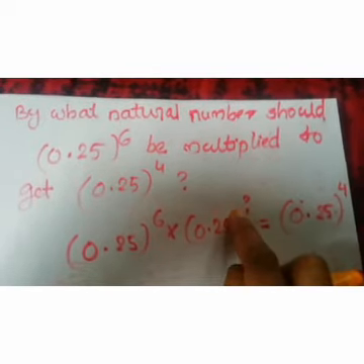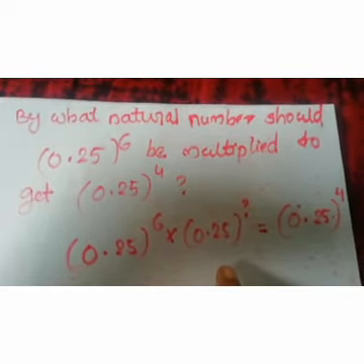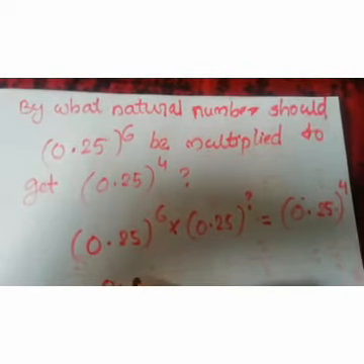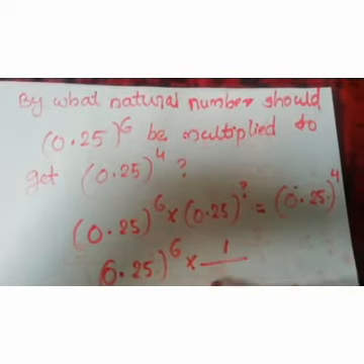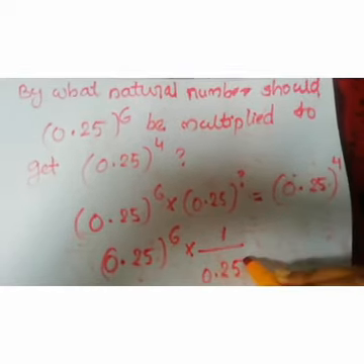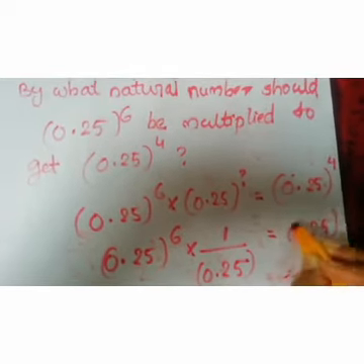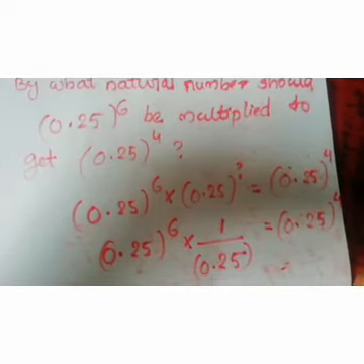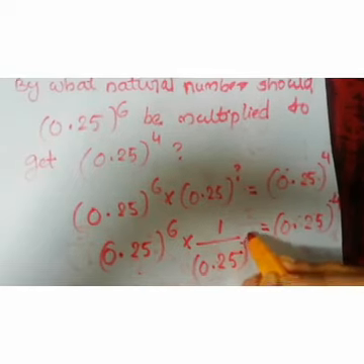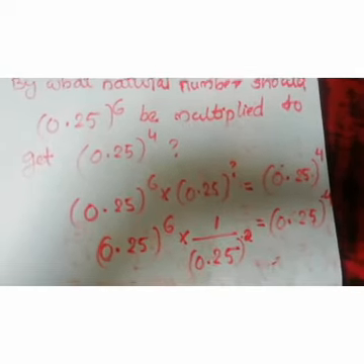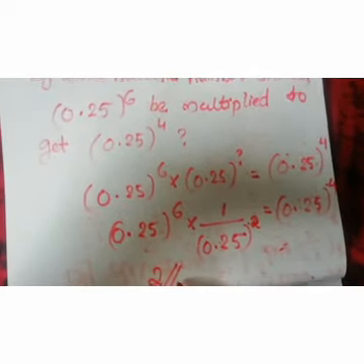Here, it should not be a natural number, it should be in fraction form, that is 0.25 all raised to 6 multiplied with 1 by 0.25 all raised to a number to get 0.25 all raised to 4. We know that 6 minus 2 gets 4. So 2 is the natural number. 2 is the ultimate answer for this question.